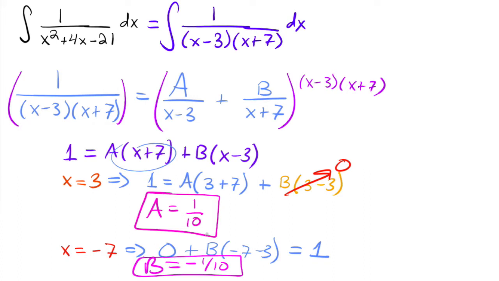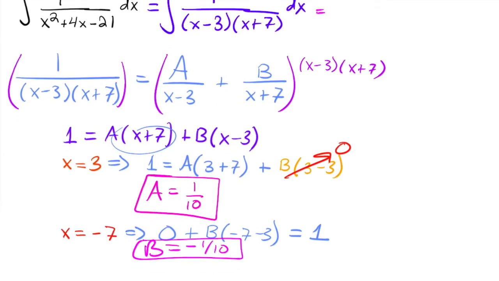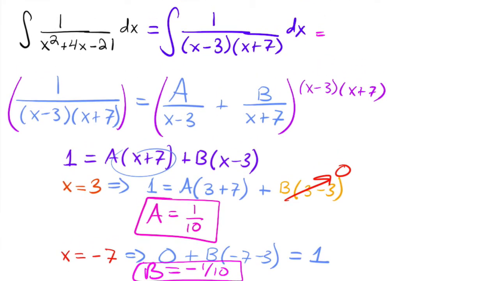And so having those two, you can rewrite this fraction. Let's rewrite the whole thing. So this is going to be the integral of, so this one right here, let me circle it, A over x minus 3 is going to be, instead of A, 1/10.